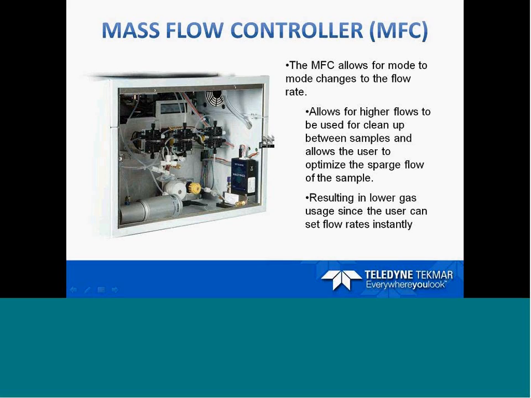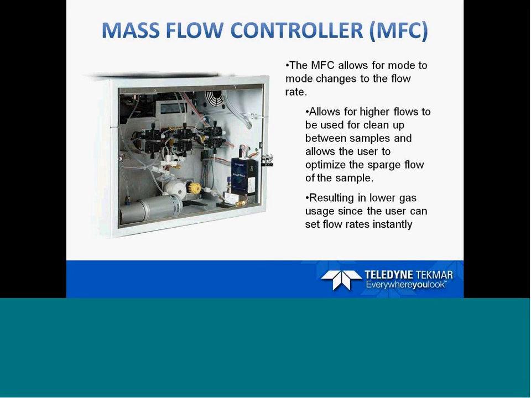I just wanted to show this picture more. This is the actual NDIR detector down here in the bottom, and over here is your mass flow controller. The advantage of the mass flow controller is that you can control the flow in method operations.